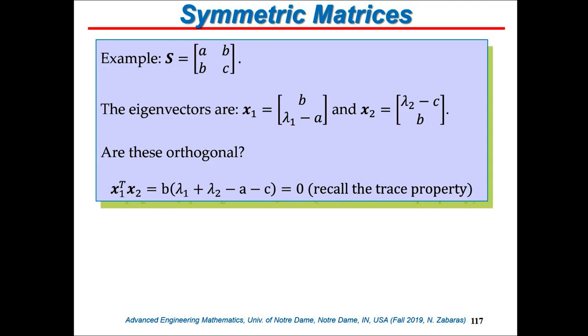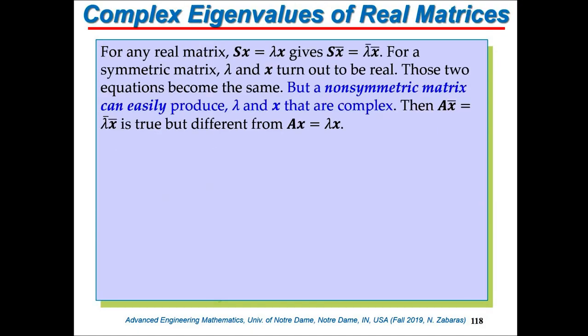All right, for a second, let's move a little bit away from symmetric matrices, and let me take any real matrix S. The matrix S contains real numbers, and this is my eigenvalue problem.